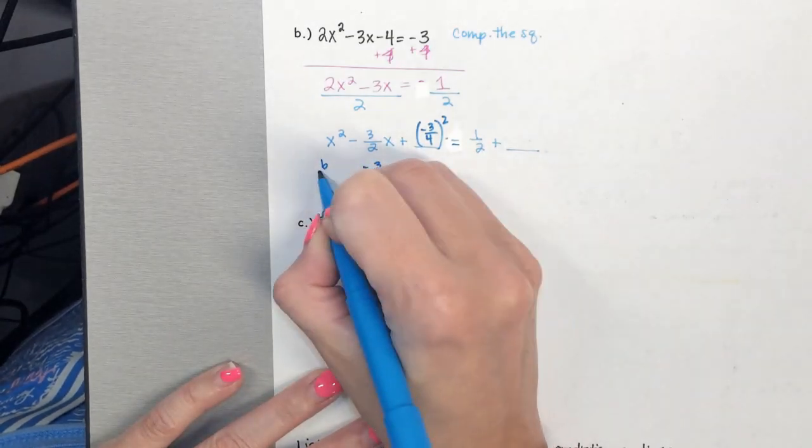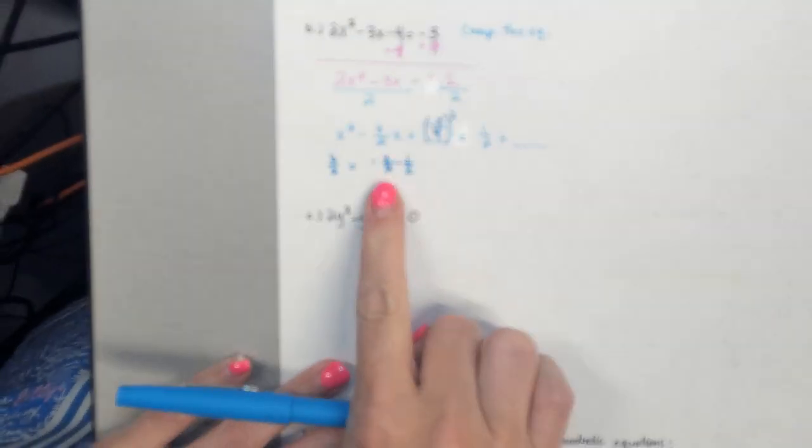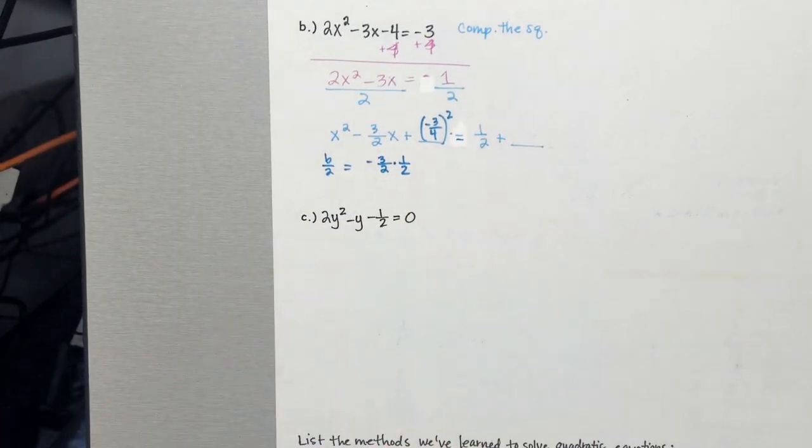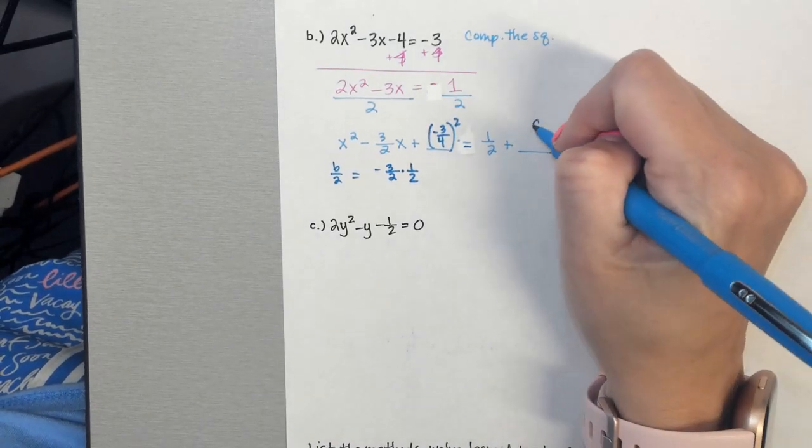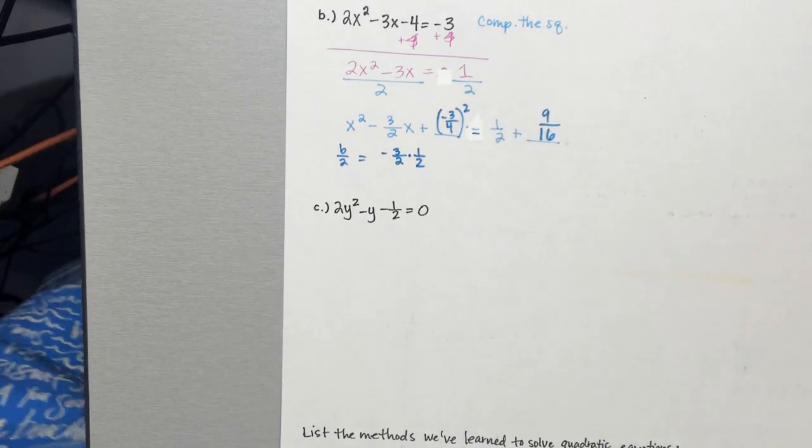So for this one, b over 2 is -3 over 2 times 1/2. If you have a fraction, we're just going to multiply by a half. And then on this side, we would get positive 9 over 16.